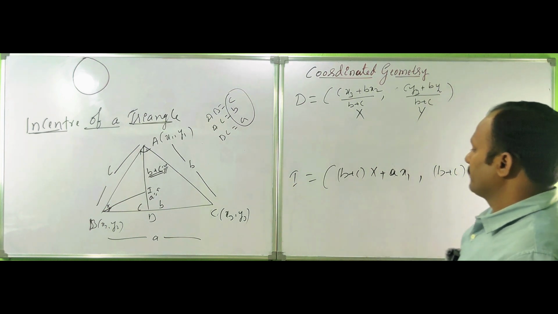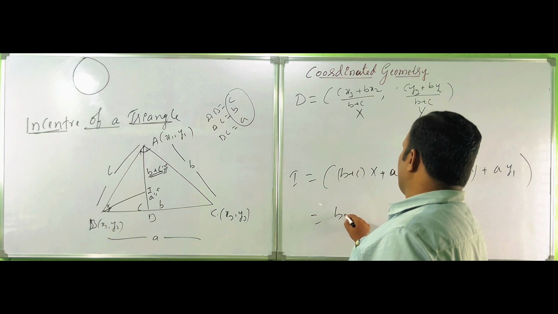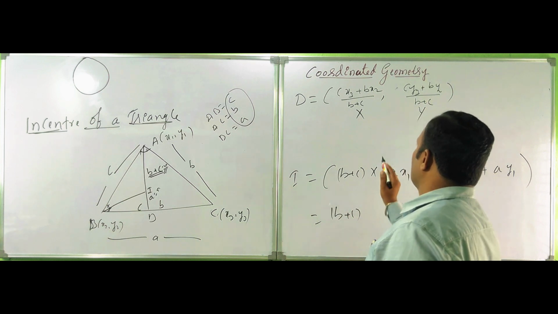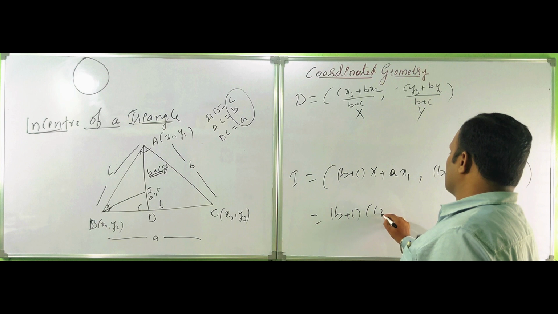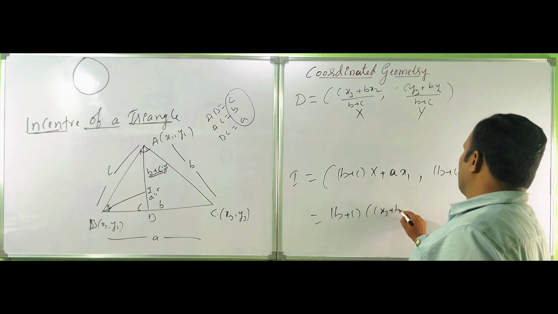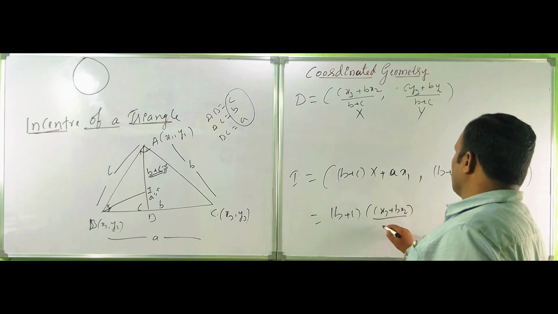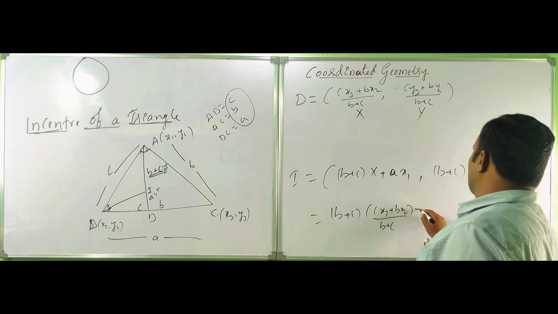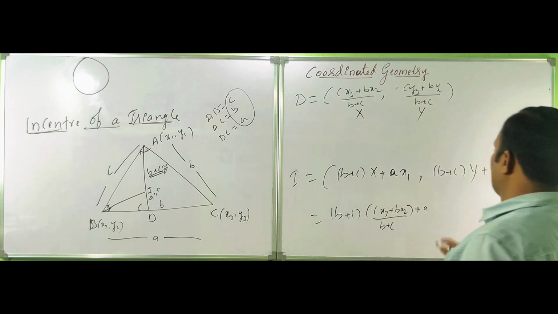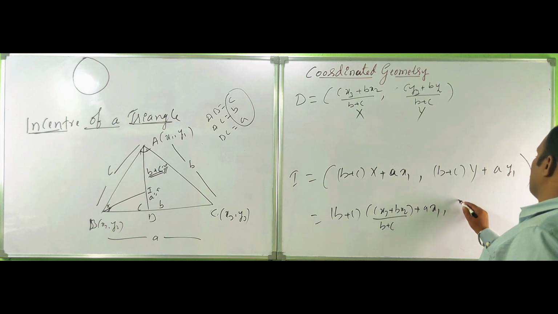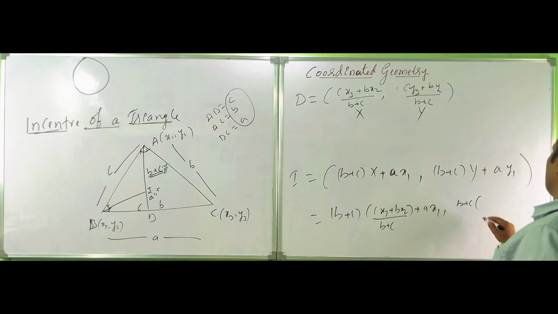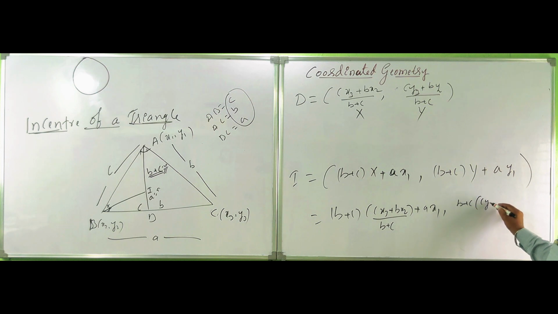Just simply put the value of B plus C, which becomes (C x3 plus B x2) divided by B plus C, plus A x1. Similarly, B plus C into (C y3 plus B y2) divided by B plus C, plus A y1.